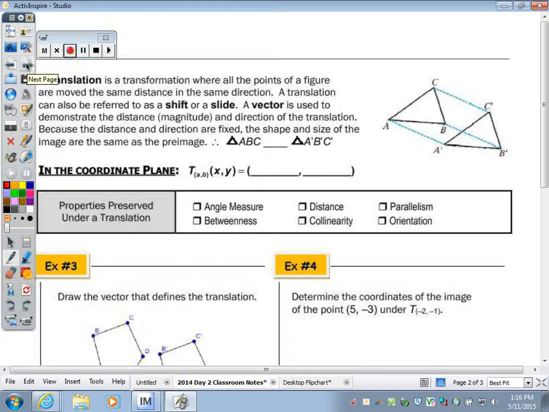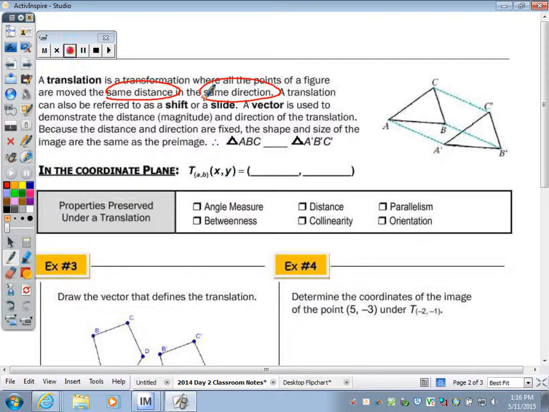So translation. A translation, think about the game checkers. You're sliding the checkers across the board. So a translation is a slide. If you were just reading the paragraph, it's where all the points in a figure are moved the same distance in the same direction.